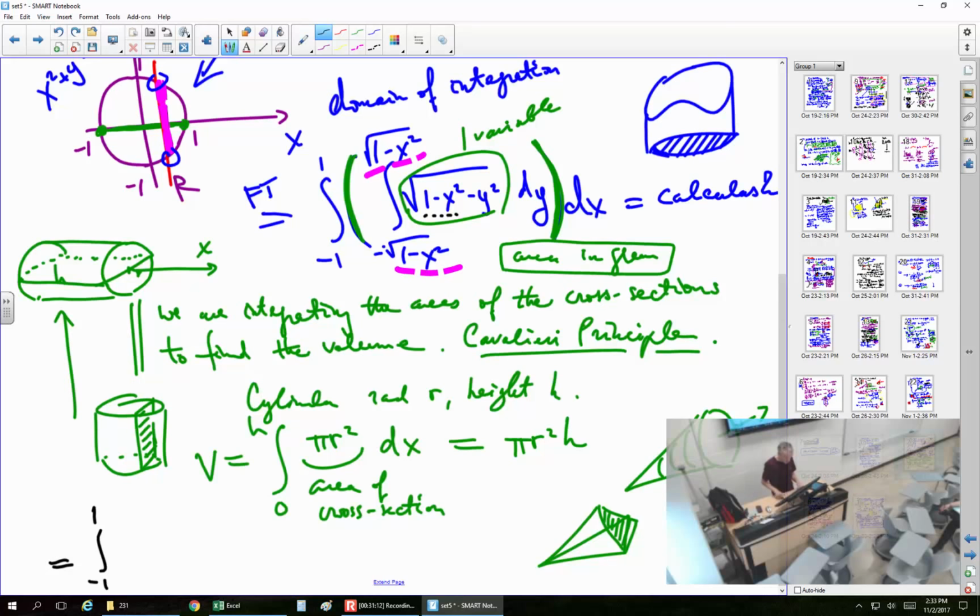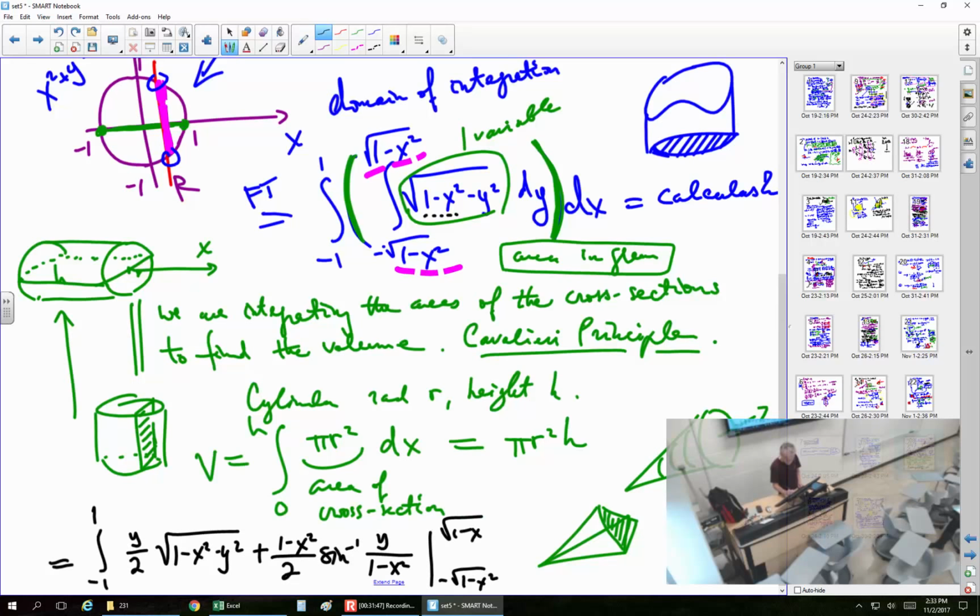It's going to be y over 2 times the square root of 1 minus x squared minus y squared, it will be a mess, plus (1 minus x squared) over 2 times arc sine of y over the square root of 1 minus x squared, with those two limits, minus the square root of 1 minus x squared and the square root of 1 minus x squared, and then dx.